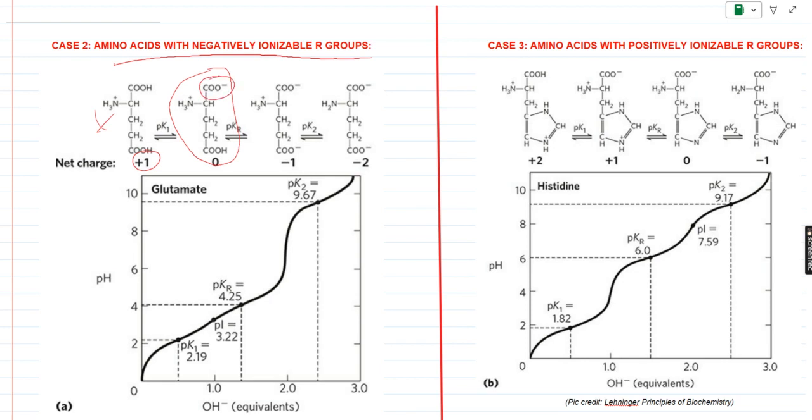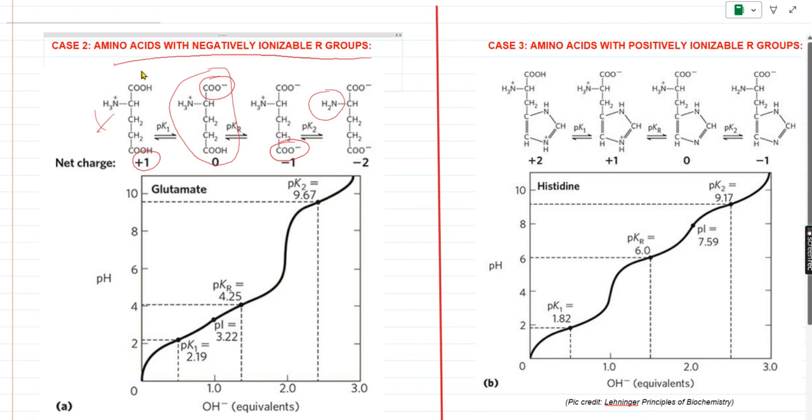Make sure that you have that in mind. Now when you keep on adding more sodium hydroxide, the R group COOH also furnishes its H plus, so the net charge is -1. And if you keep on adding more and more sodium hydroxide, the proton from the NH3 plus group is also released, and the net charge is -2.